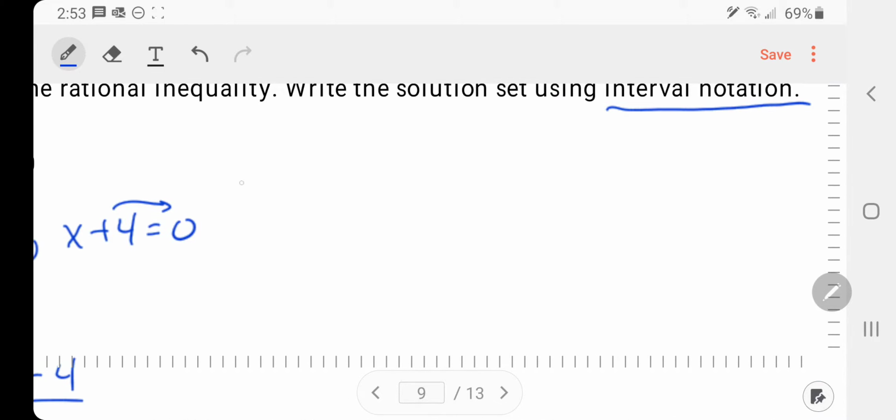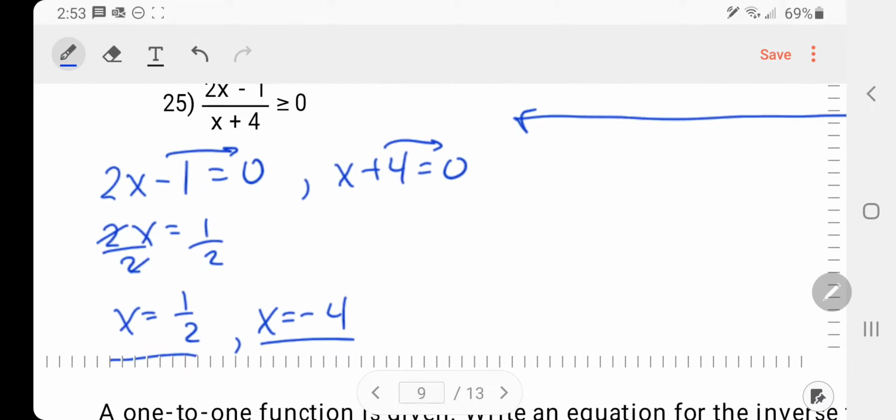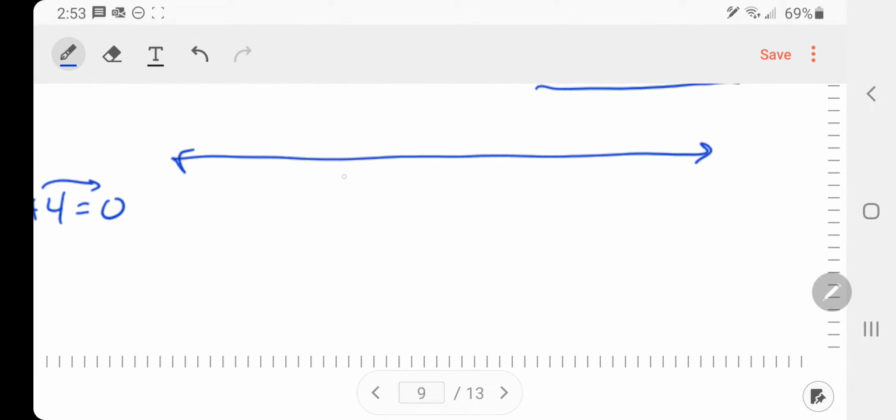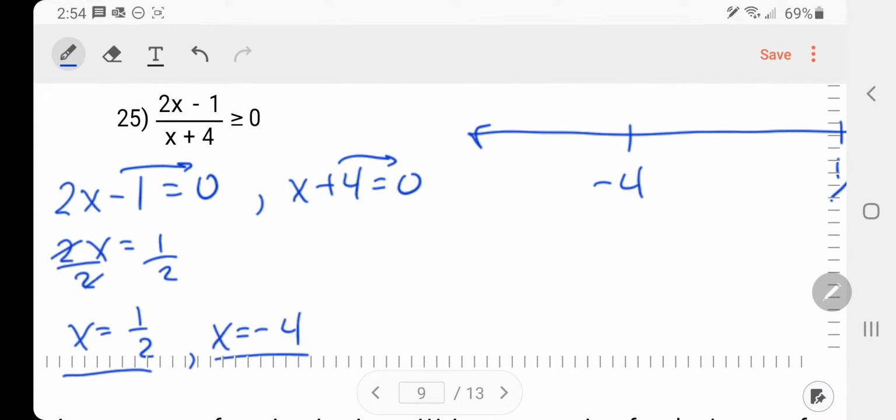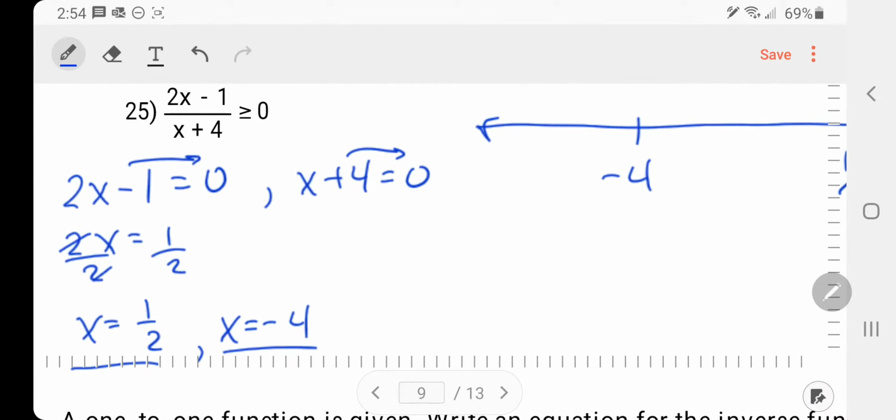Now I need to go to the number line with my critical points. -4, 1/2. And then I need to figure out if those are open circles or solid dots. Okay, so listen closely. The numerator critical point is going to be either open or solid, depending on the inequality.